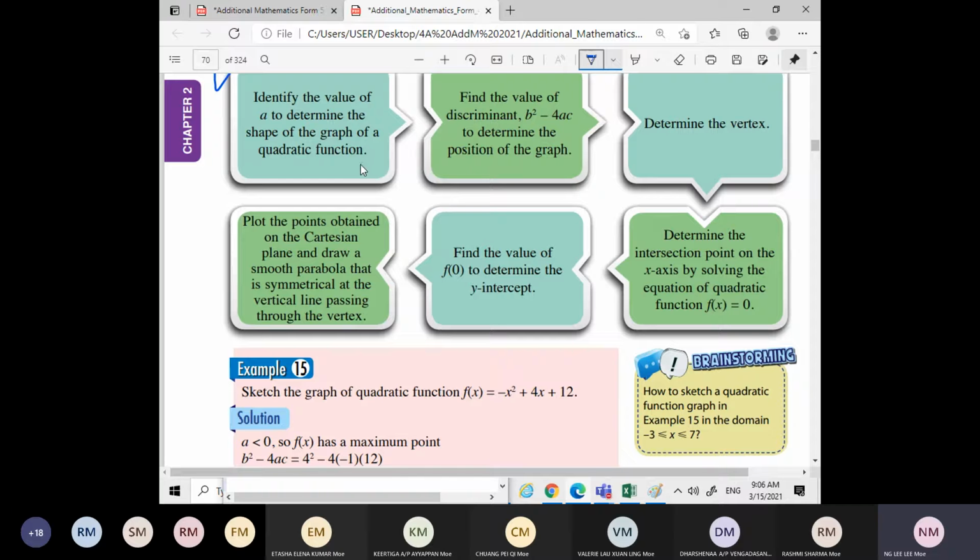The shape of the graph means, if you want to say, identify the value of a to determine the shape of the graph, it means actually the smiling face or the sad face, the U or the N shape. Okay, wait for a while.